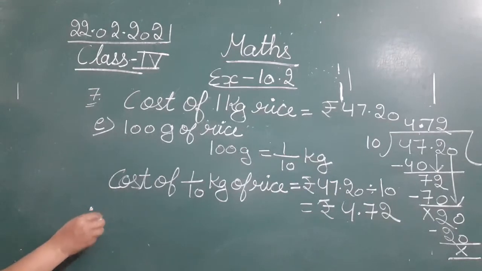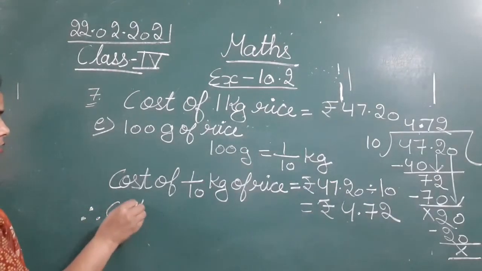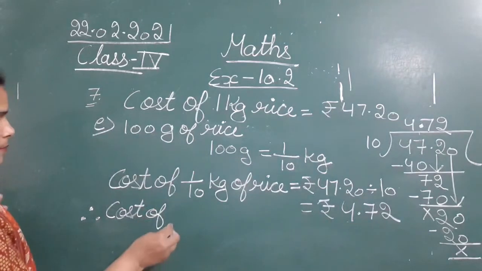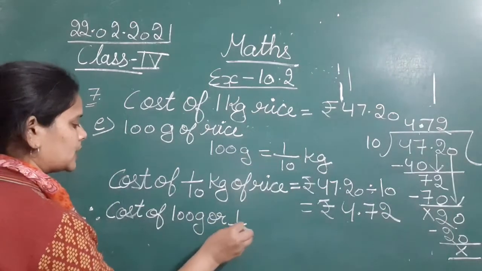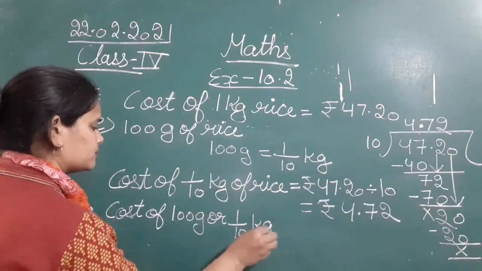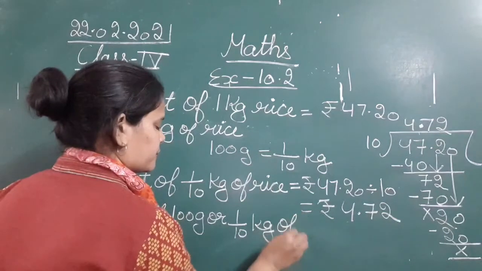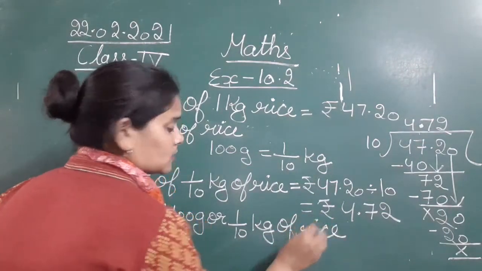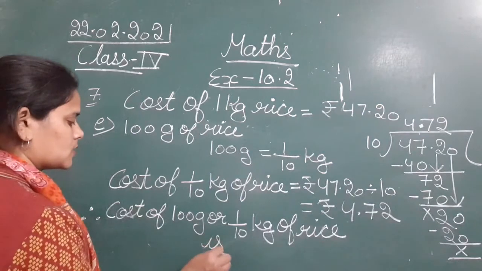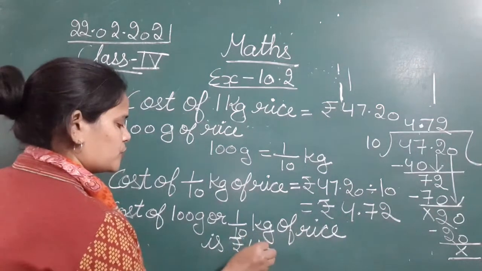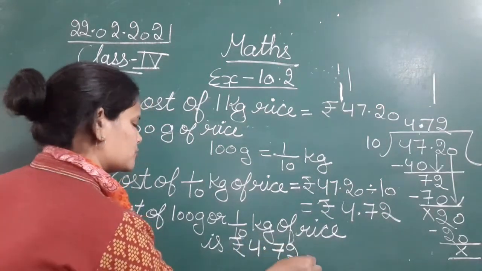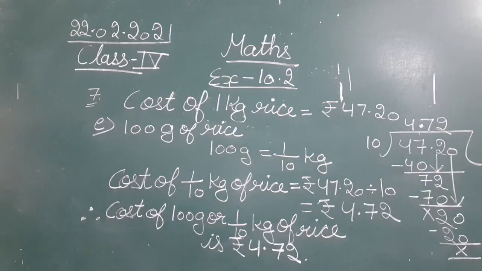Therefore, cost of 100 gram or 1/10 kg of rice is 4 rupees and 72 paise.